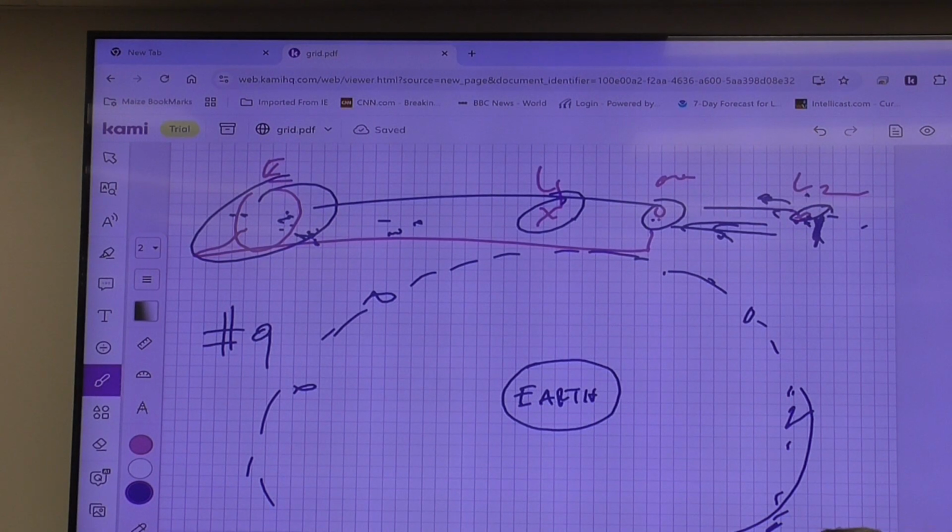Your phone is continuously sending a signal to these satellites, keeping track of the distance and the time between this satellite, that satellite, and the third one. Based upon the difference in times when those signals get there, it figures out where it is.